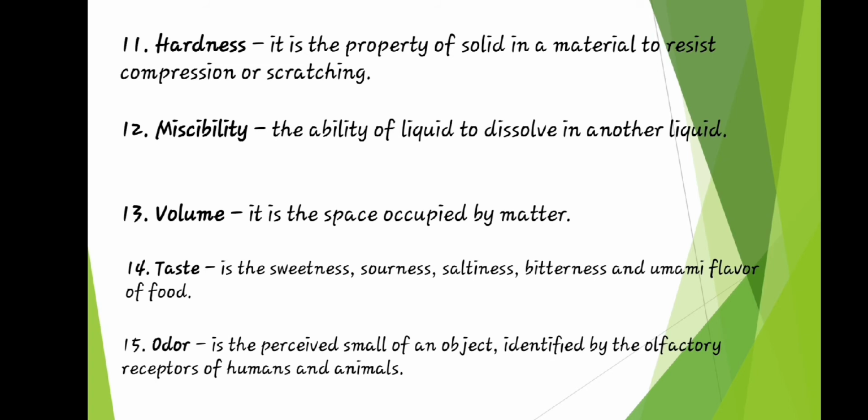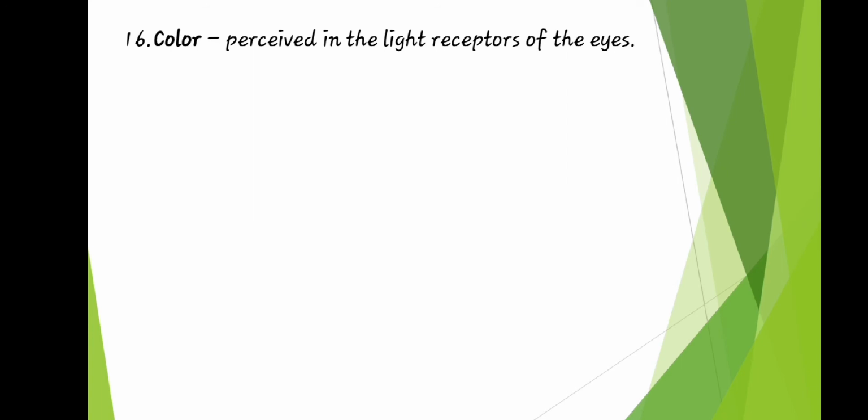Okay? So I hope you understand so far my discussion today. So let's proceed to another slide. So lastly, we have color. Of course, as I've said in my introduction, one of the descriptions of being physical, or if you can describe it in a physical property, is color. Color is perceived by the light receptors of the eyes. Kaya nga sinabi ko na it's not only taste, not only odor, but also color.